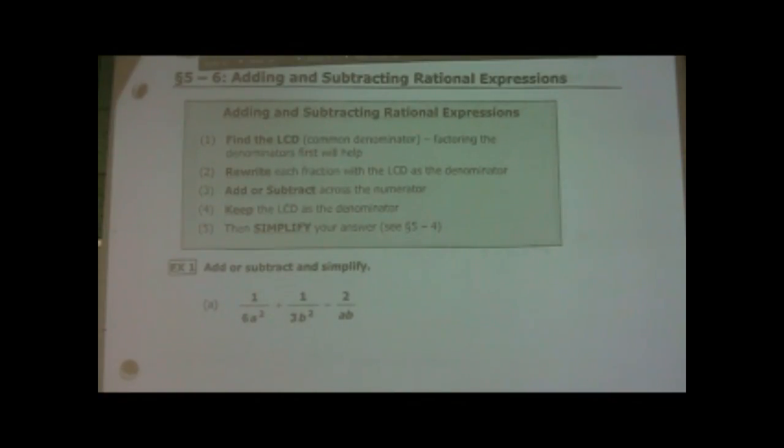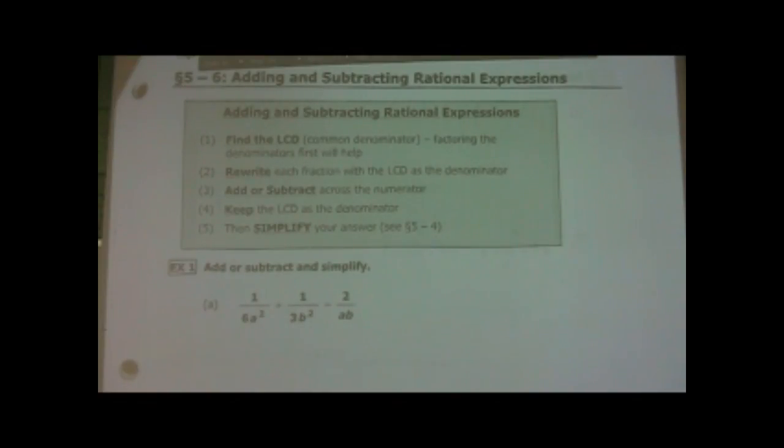Now, if you recall, if we do something like add a third and a half, we need a common denominator. And remember, our common denominator to add a third and a half would be 6, right? Notice something about this. The 6 is bigger than the 3. The 6 is bigger than the 2.